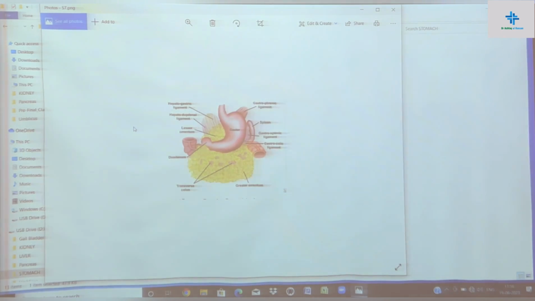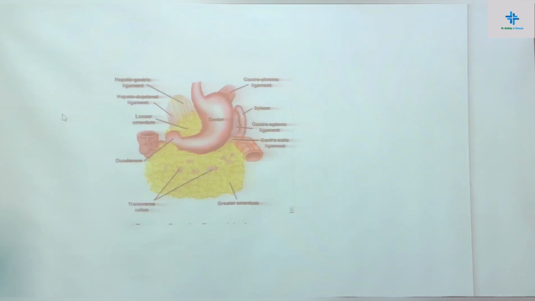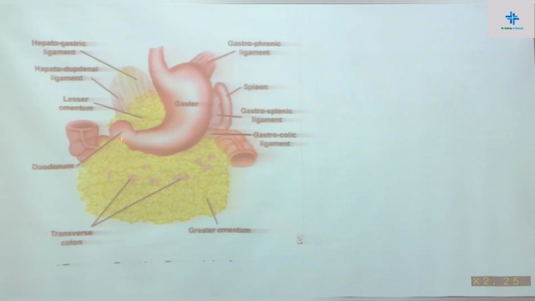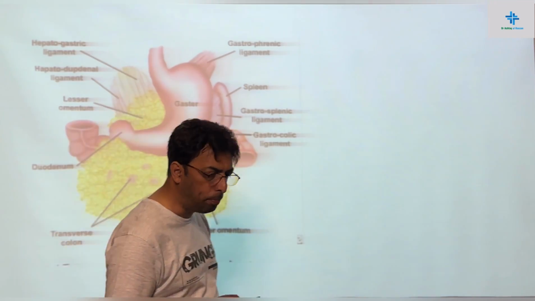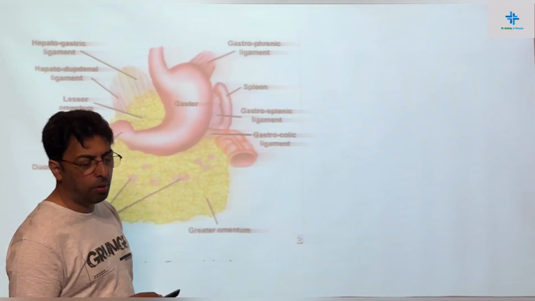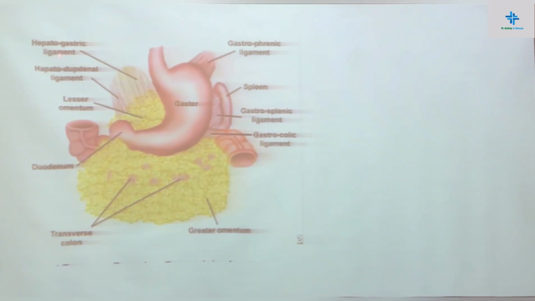Now, as far as the stomach is concerned, I was telling you previously, this is the lesser omentum. Over here you can see that from the lesser curvature it goes in relation to the porta hepatis. This lesser omentum has two parts. Number one is the part which connects the porta hepatis directly to the stomach, the hepatogastric ligament.